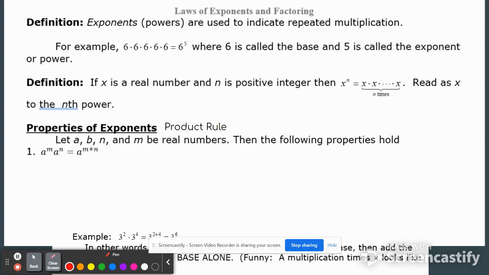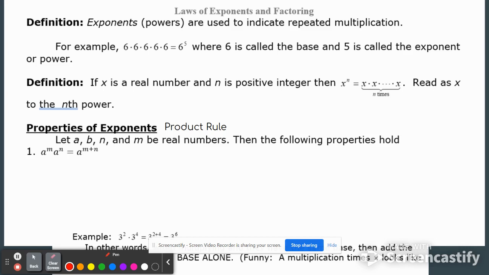Exponents, also called powers, are used to indicate repeated multiplication. So for example, instead of saying 6 times 6 times 6 times 6 times 6, we're going to say 6 to the fifth power. 6 would be called our base, and 5 would be called the exponent or power.